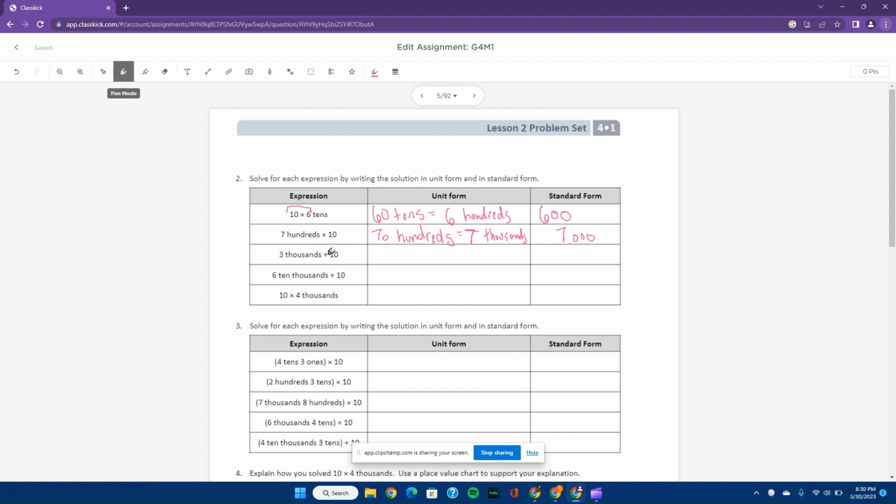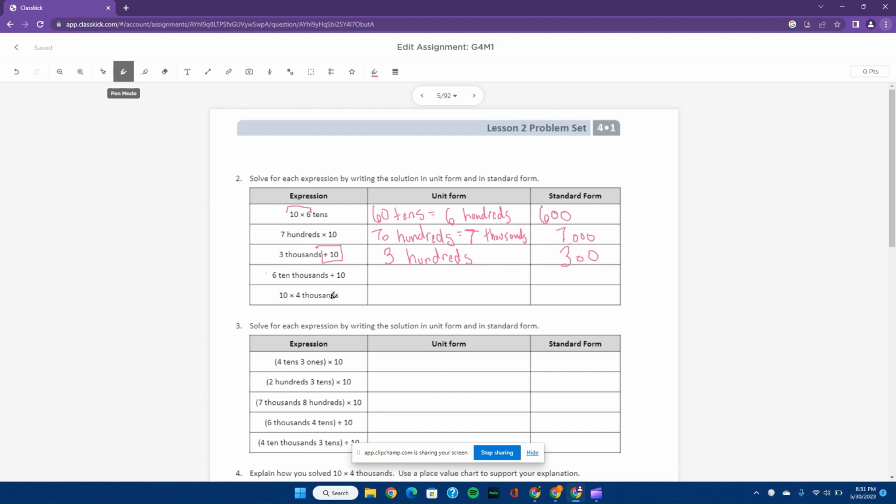Now, when I have 3 thousands, in this case, divided by 10, I'm moving to the next smallest place value. So 3 thousands divided by 10 would actually be 3 hundreds, would be this number here.